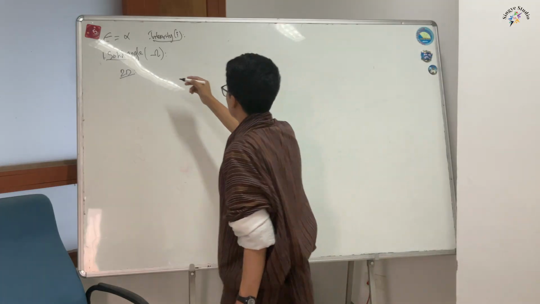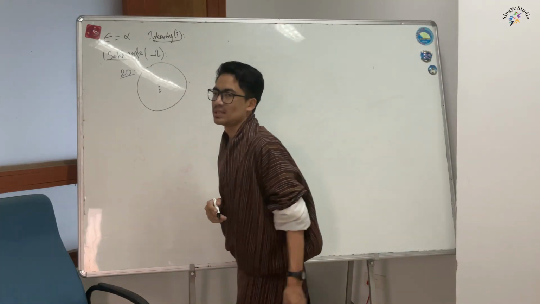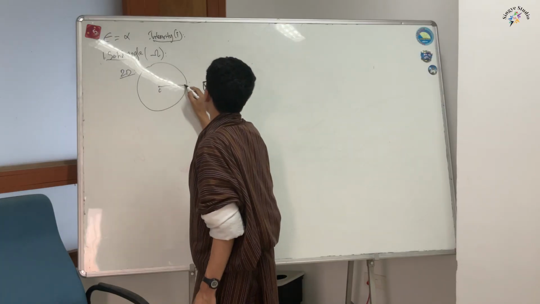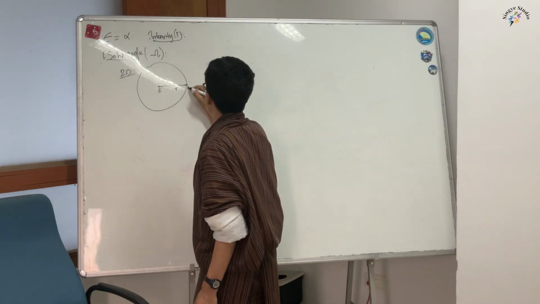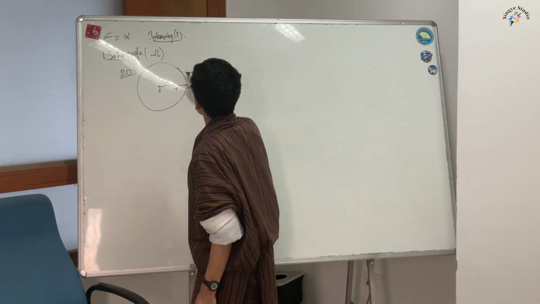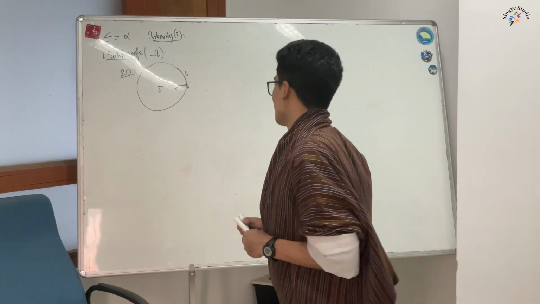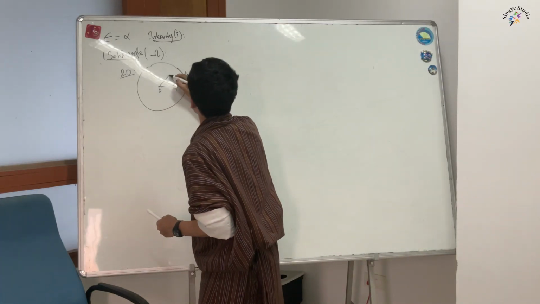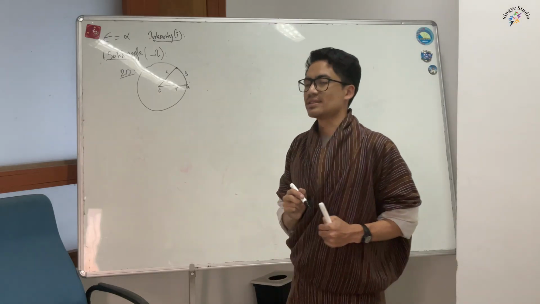We have a circle which has a center C. Then we draw a line, which is the radius of the circle. Then from this point A, we travel along the arc S. If you join this, this line is also a radius, and this is the angle theta.